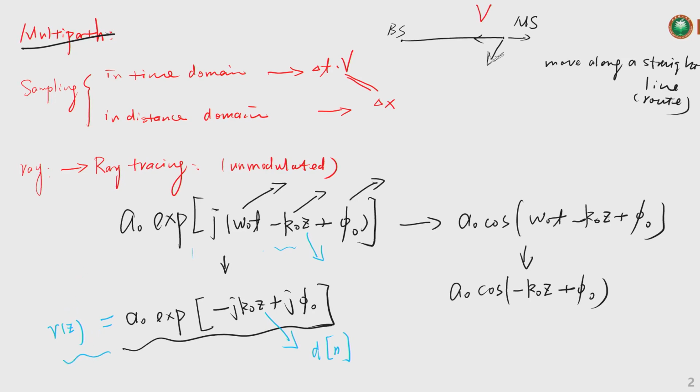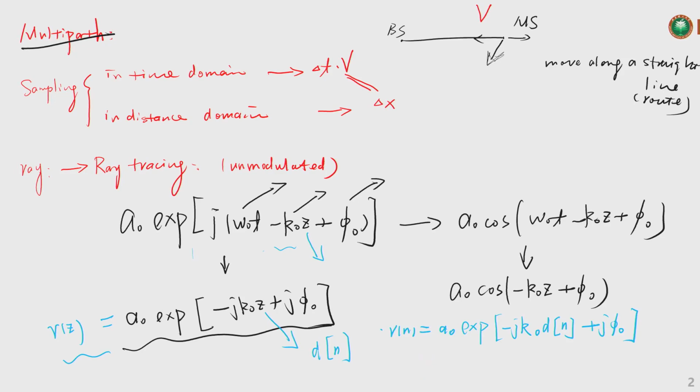So the received signal r_n equals A_0 times exponential of minus j k_0 d_n plus j phi_0.